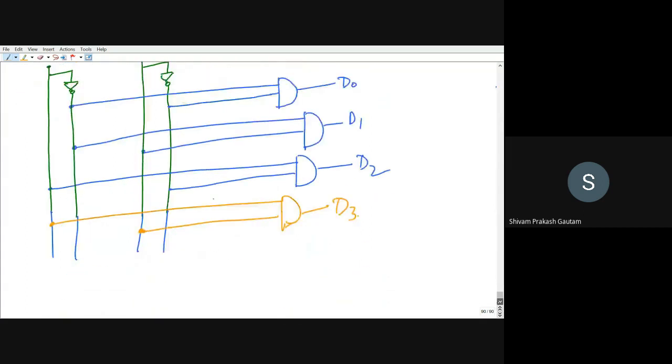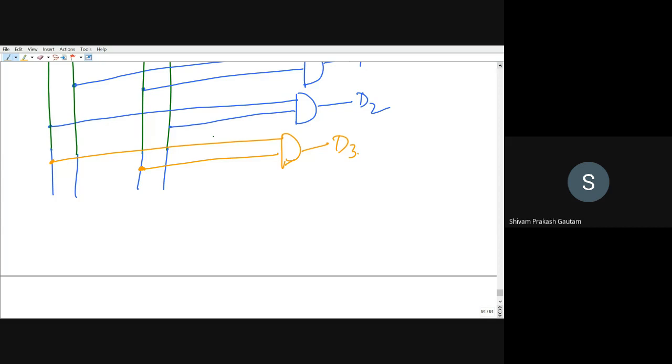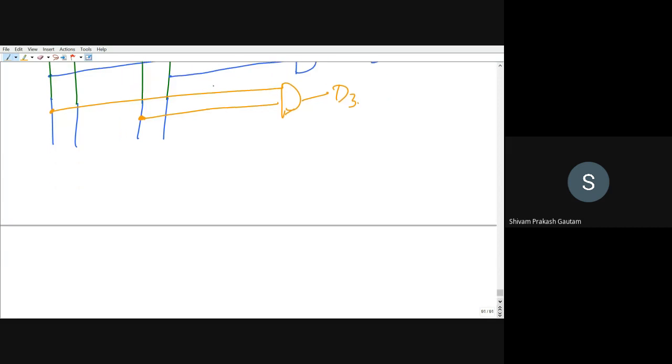Now we have one more circuit, which is called a 2 to 4 decoder with enable.